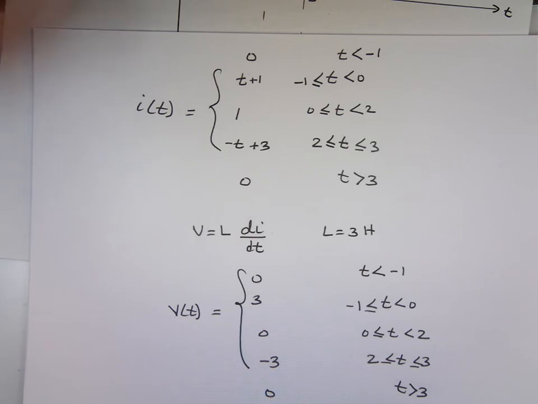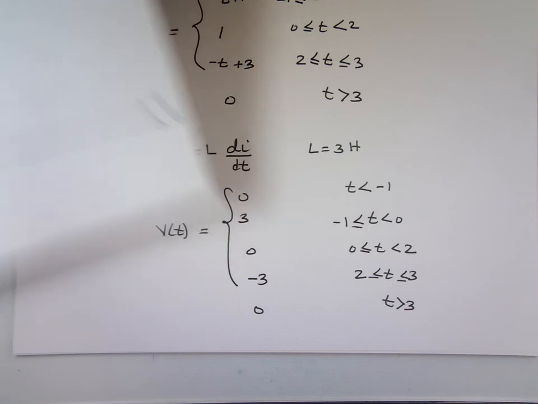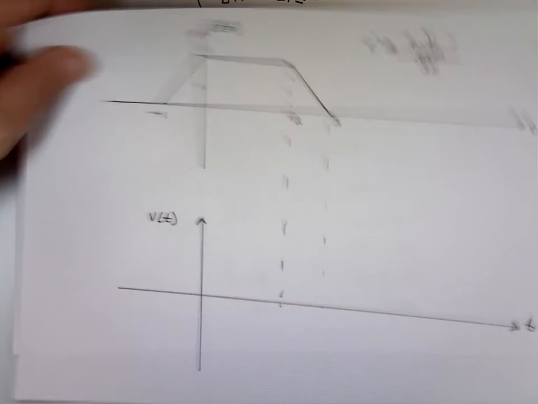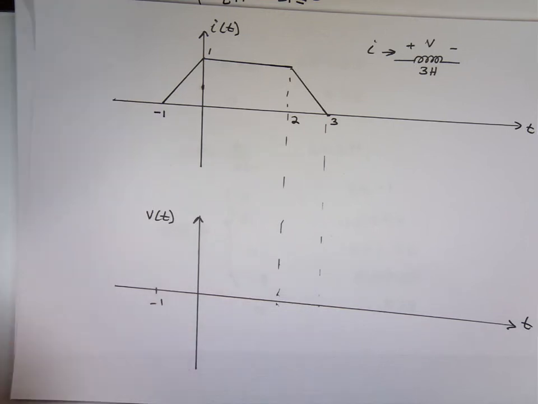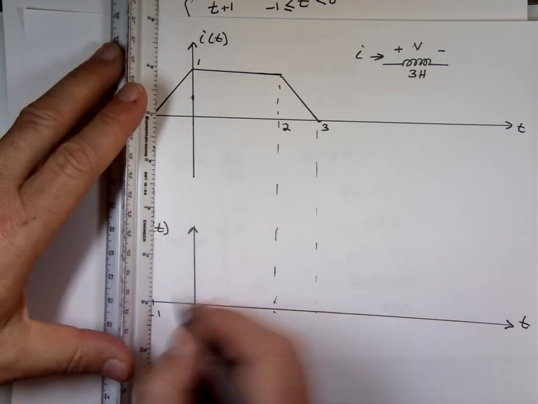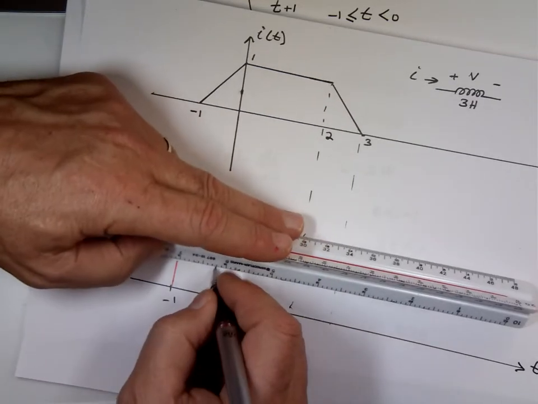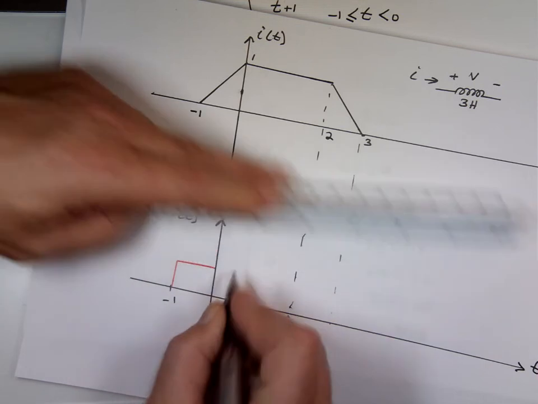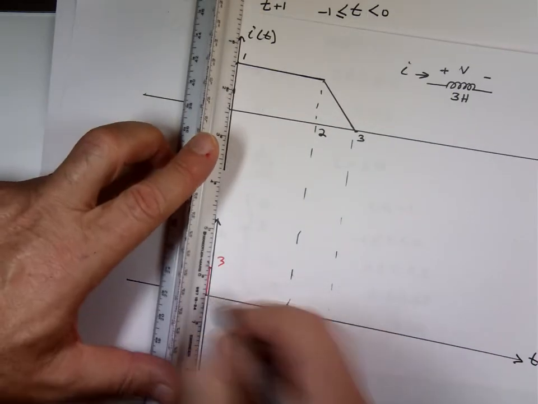Can I graph that now? It should look like a square wave. This is the -1 right here. It should look like this. It has a value of 3, and it comes down and stays 0.